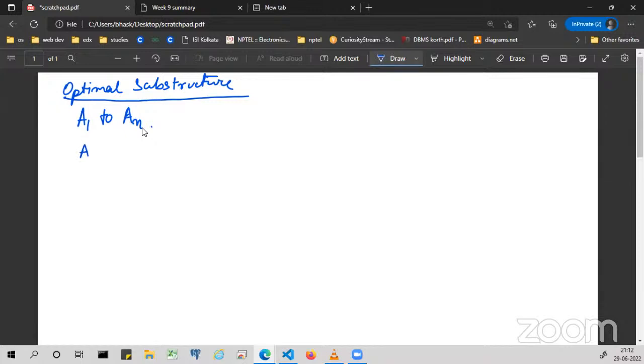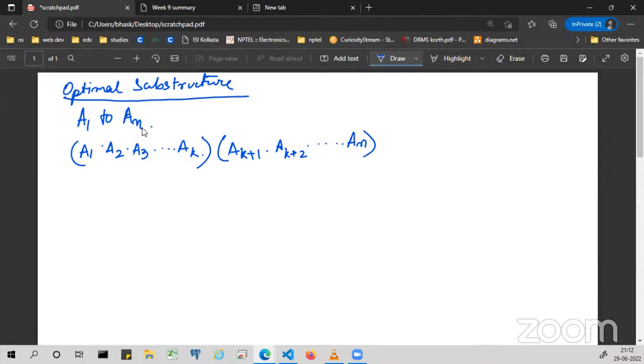So I do A1 into A2 into A3 dot dot dot, a multiplication up to the kth matrix, and there I parenthesize. And after that, AK plus 1 into AK plus 2 into dot dot dot AN.